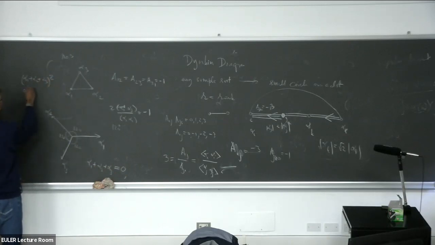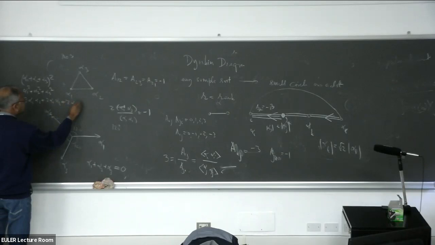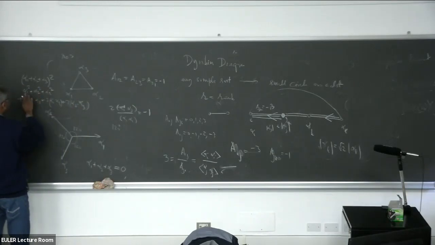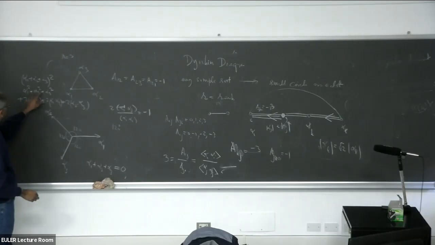This will become alpha 1 squared plus alpha 2 squared plus alpha 3 squared plus 2 alpha 1 dot alpha 2 plus 2 alpha 1 dot alpha 3 plus 2 alpha 2 dot alpha 3. I'm just using a shorthand notation. So these are really length squared.